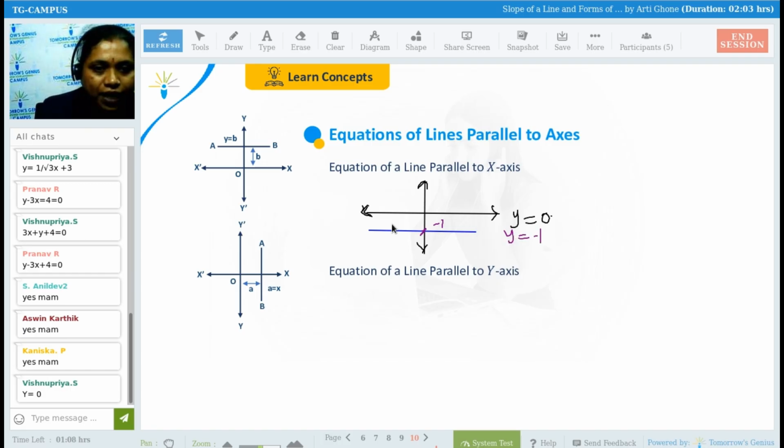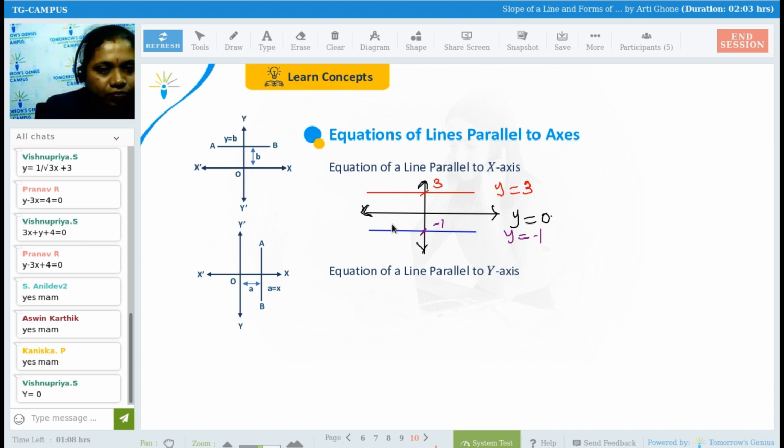Clear? If I take another random straight line which is parallel to x-axis passing through any other intercept, let's take 3. If it is passing through the intercept 3, then what is the equation of this straight line? Y is equal to 3. Clear?